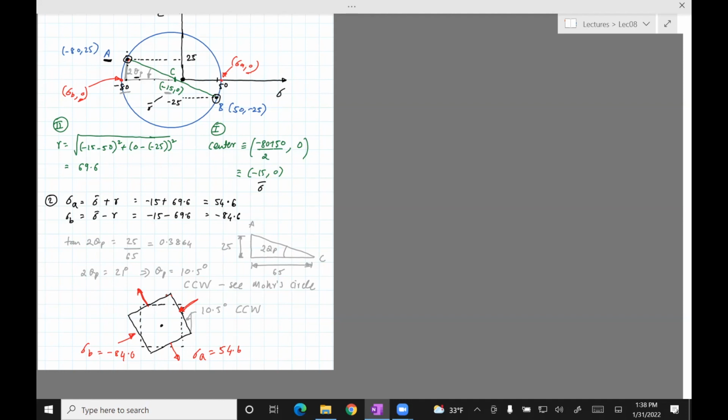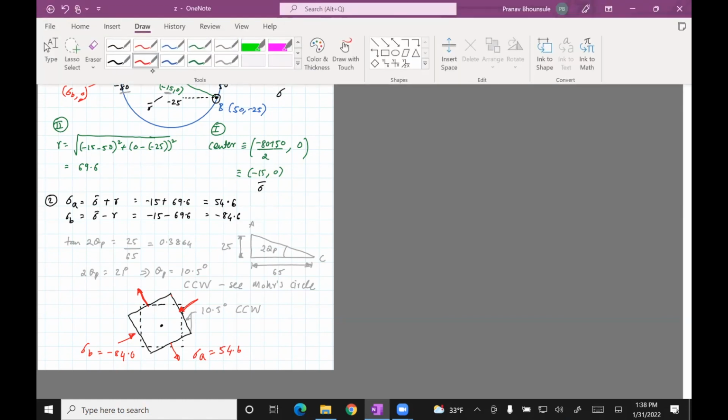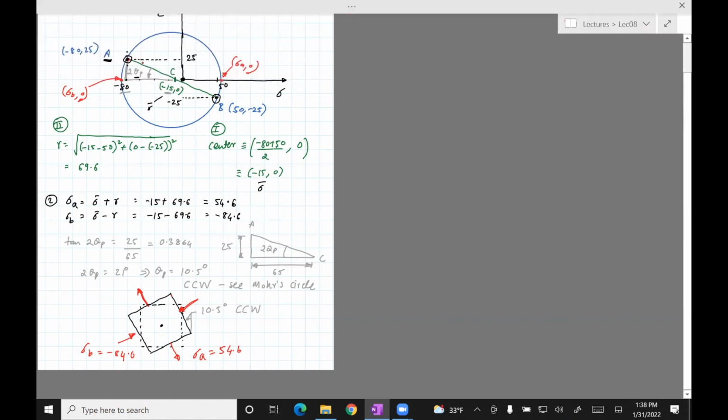Okay, now let's complete this. Part 3 asks us to find the maximum shear stress and its direction. So for the maximum shear stress, you can see that the maximum shear stress is going to be right above the center, right here. So this is tau max. And it's simply the radius of the circle, which we've already found. It's R, which is 69.6.